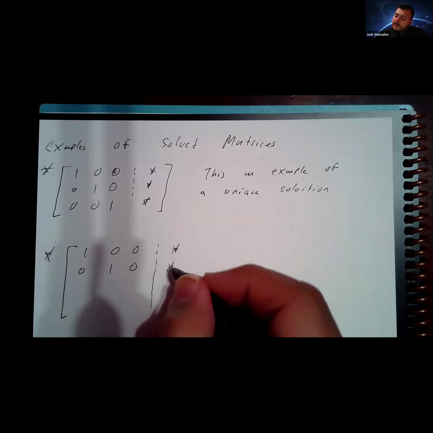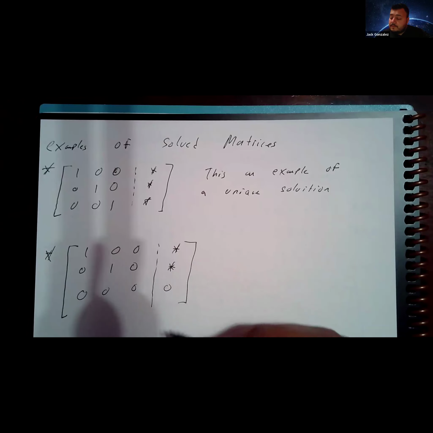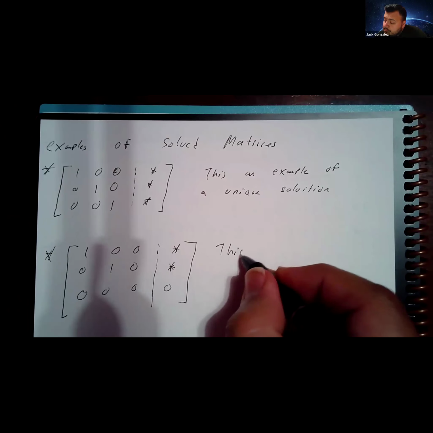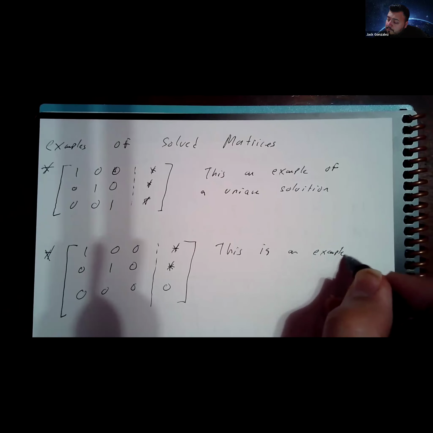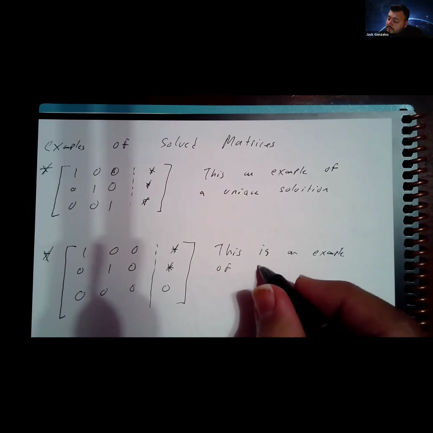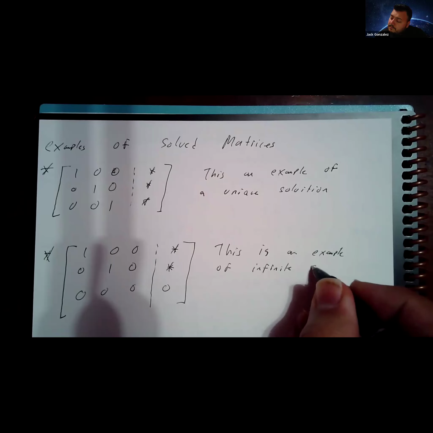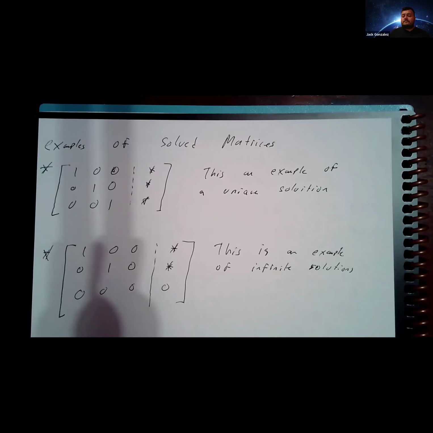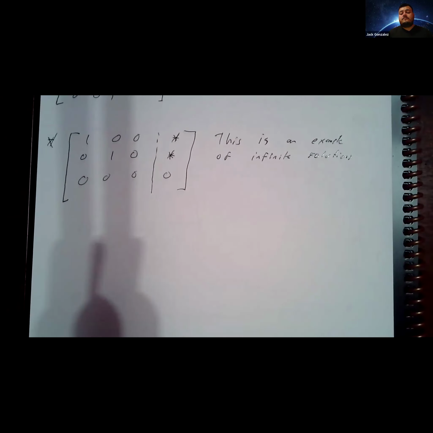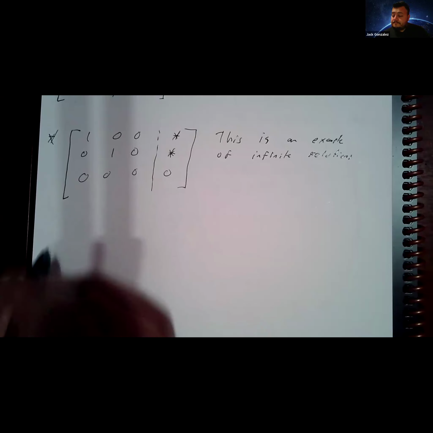Some numbers here, but the last one, or maybe the last two rows, have zeros. This is an example of infinite solutions. So row of zeros, infinite.